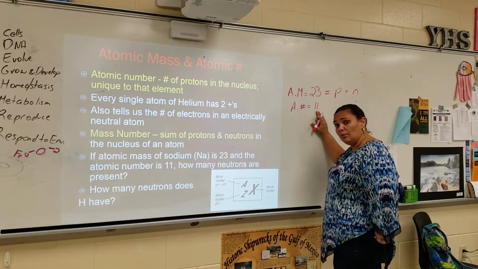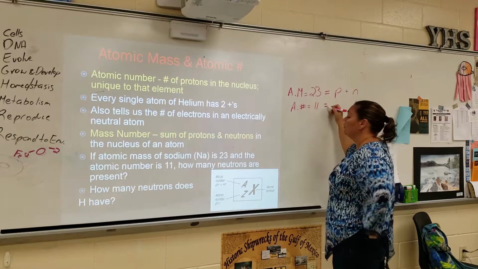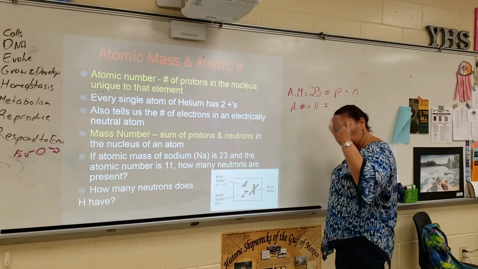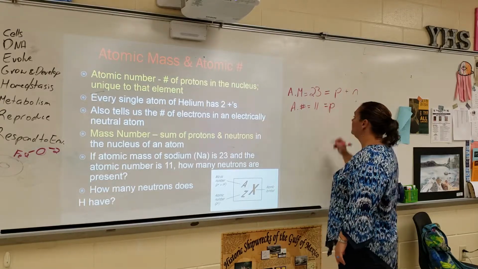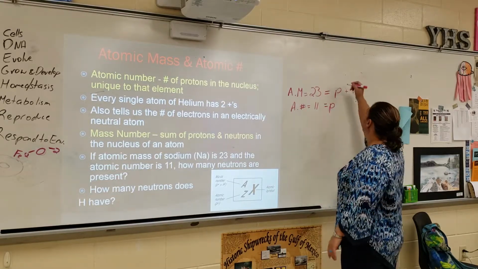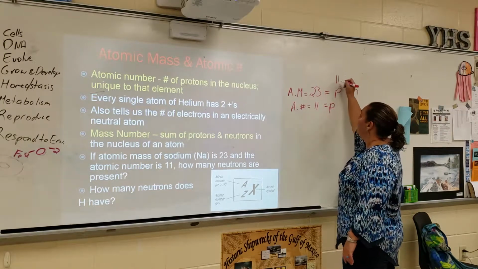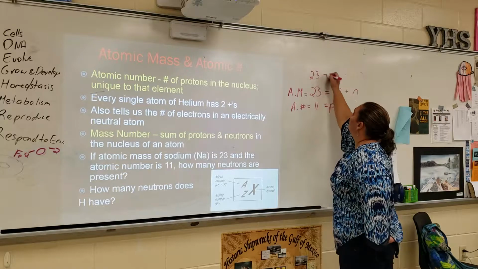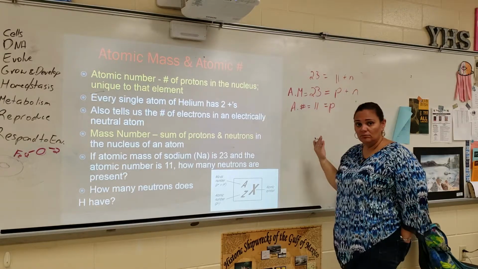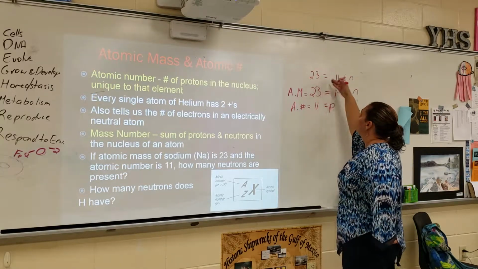The atomic number equals your jersey number, who you are, your personality, your protons. So, I now know that my P equals 11. So basically, I am solving for N. So 23 equals 11 plus N.